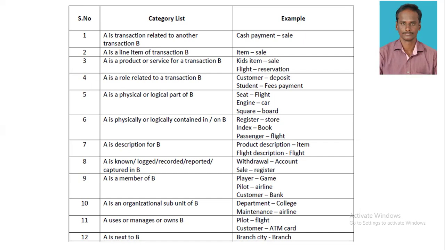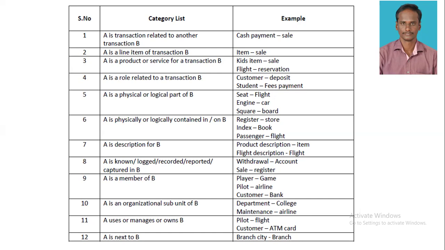Next one is A is a role related to a transaction B: Customer and Deposit, Student and FeePayment. A is a physical or logical part of B. So here Seat and Flight. Seat is a logical part of Flight. A is Seat, B is Flight. Engine and Car. Similarly, Square and Board.